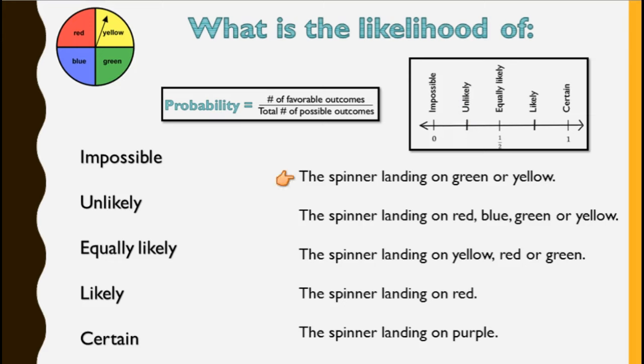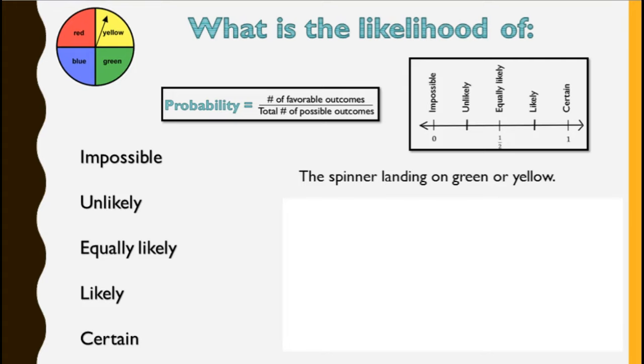So let's look at this first one. What's the probability that the spinner will land on green or yellow? Okay, so green or yellow. There's 2 favorable outcomes, and there's 4 total possible outcomes because it could be either red, blue, yellow, or green.